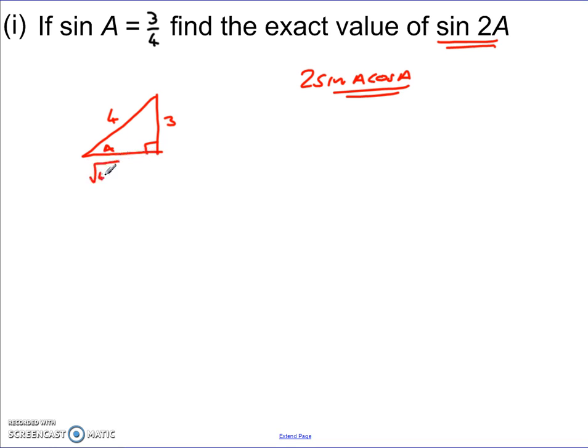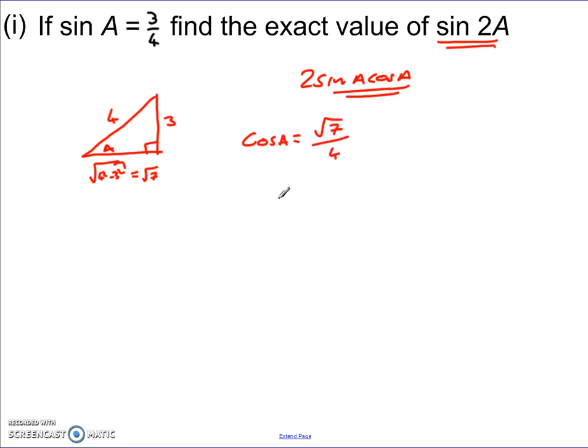It would be the square root of 4 squared take away 3 squared, which is the square root of 16 minus 9, so it's root 7. So now I know all 3 sides in this triangle. I need sine A and cos A in this expansion. I know what sine A is. From there I can read off cos A. I know that cos A is equal to adjacent over hypotenuse, so it's root 7 over 4.